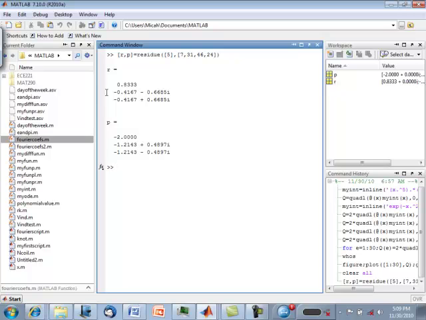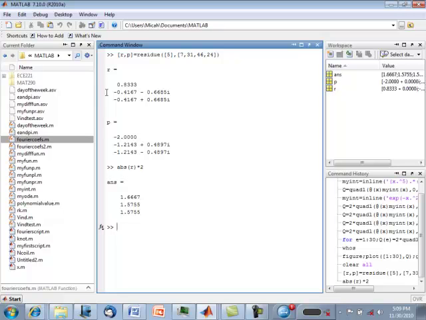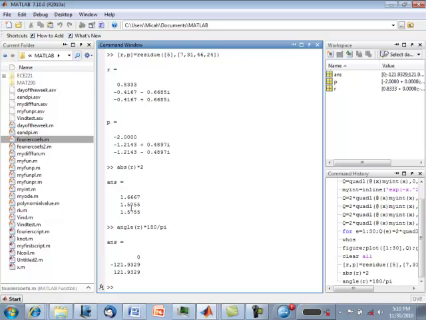Now the angle returns a value in radians, so if we convert into degrees, we can see the answer in degrees. So what we find is that the time domain function is made up of two signals. One is a real decaying exponential, that's this -2, and the other is this shifted cosine, which is caused by these complex conjugate poles.